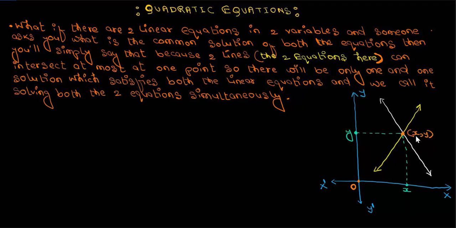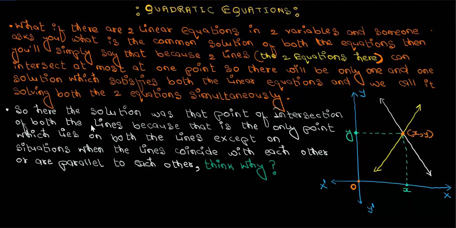So we have a value of x and a value of y which satisfies both the equations, which satisfies both the lines. So here the solution was that point of intersection of both the lines, because that is the only point which lies on both the lines, except in situations when the lines coincide with each other or are parallel to each other. Think why.